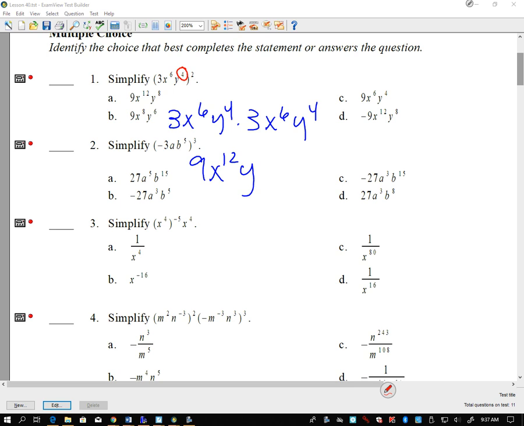What's the exponent for y? 4. And I'm taking it to the power of 2. So just how you multiplied 6 times 2, you're going to do what with the 4? Okay, and what's 4 times 2? 8. Okay, so I should get 9x to the 12th, y to the 8th.